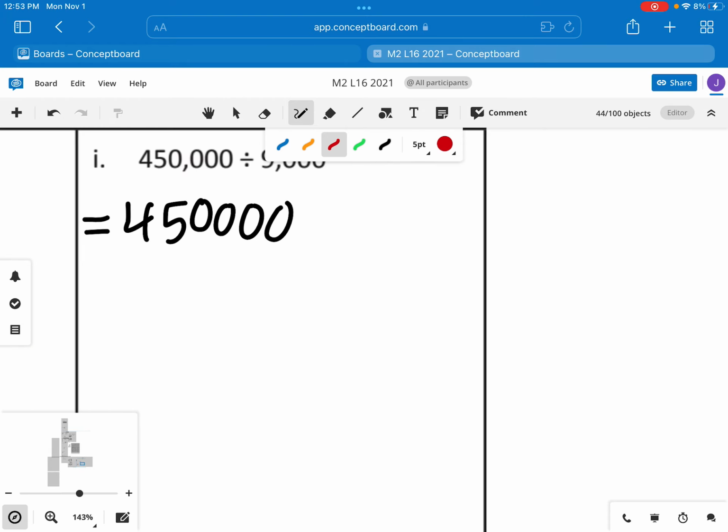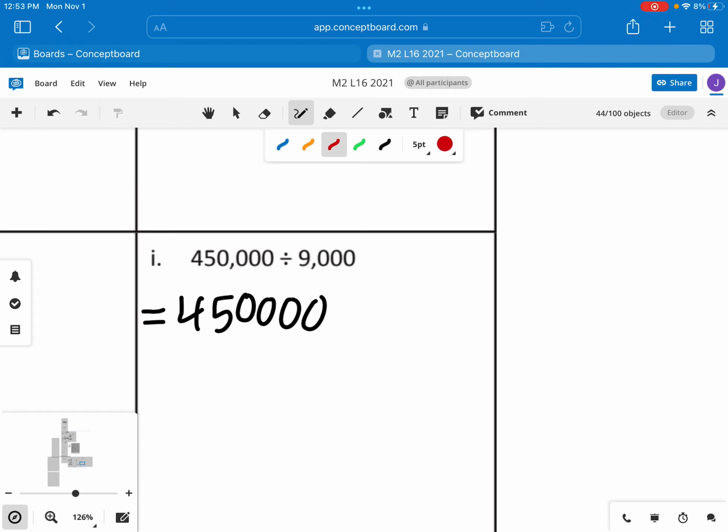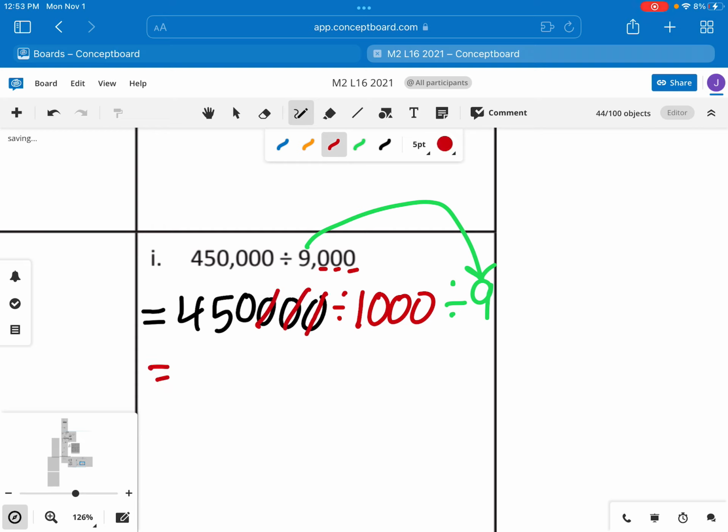All right, last one. I'm going to do it. So I have 3 zeros, so that means I'm going to do a 1 with 3 zeros behind it, and I'm going to divide by 9. Okay, so now I'm going to cancel out those zeros, and that leaves me with 450, and I'm going to divide it by 9.